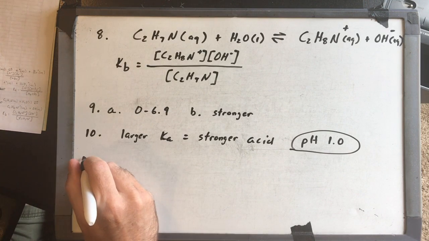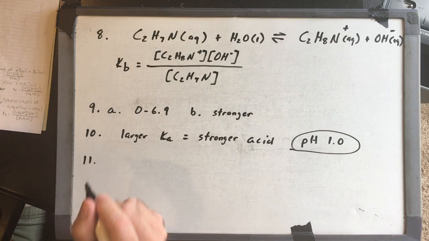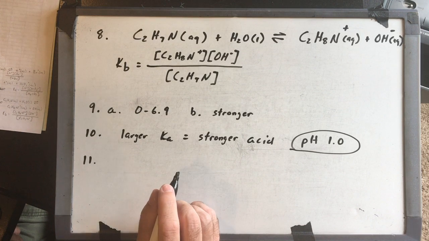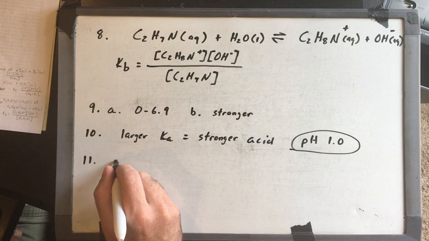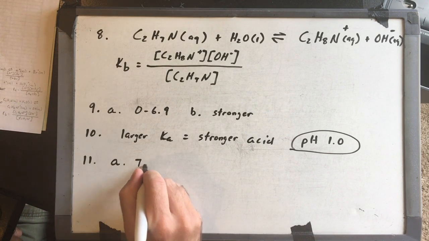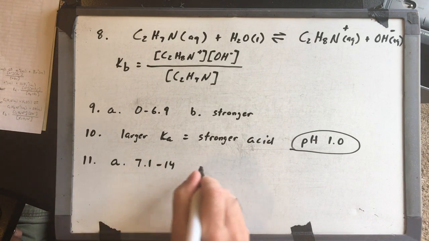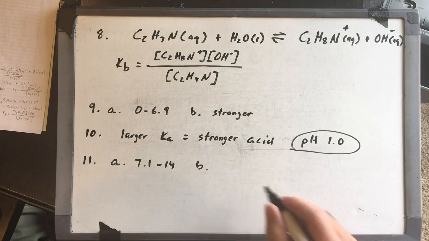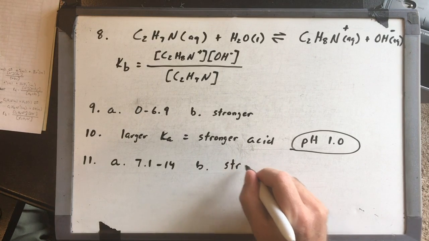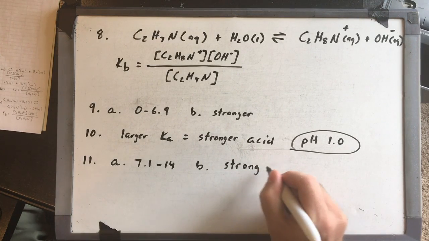Almost everyone got that. Okay, number 11 has 2 parts. First, what is the pH range for bases? So that's going to be 7.1 to 14. As the pH gets larger, does a base get stronger or weaker? It gets stronger. Bigger pH for bases, so it's the opposite of acids.